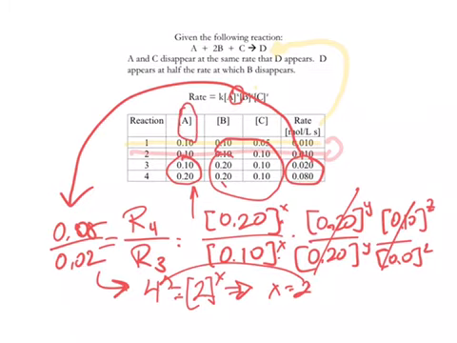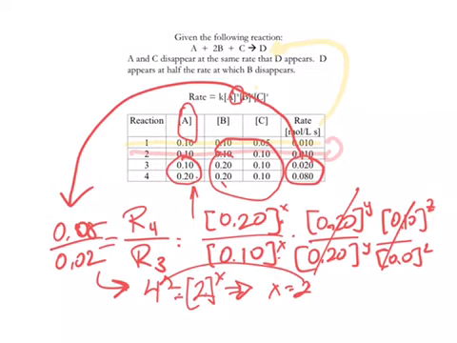So what this means, kids, is that we say that this operation is second order with respect to A, which sounds very, very technical and you sound very, very nerdy. But what this means is that if I double the concentration of A, this is going to get squared. So if I double it, this goes up by a factor of 4. If I triple the concentration, it goes up by a factor of 9.